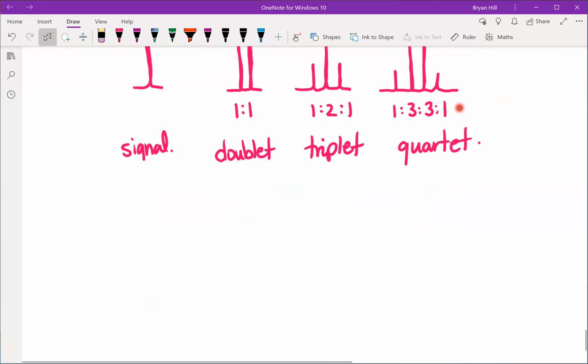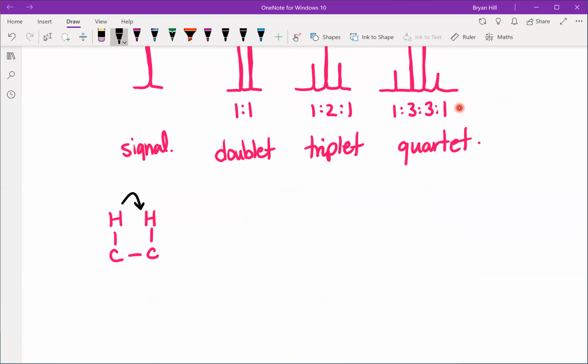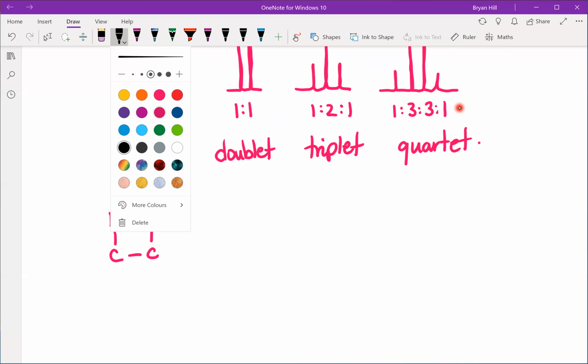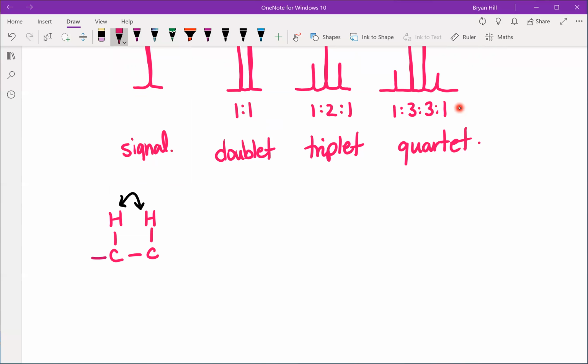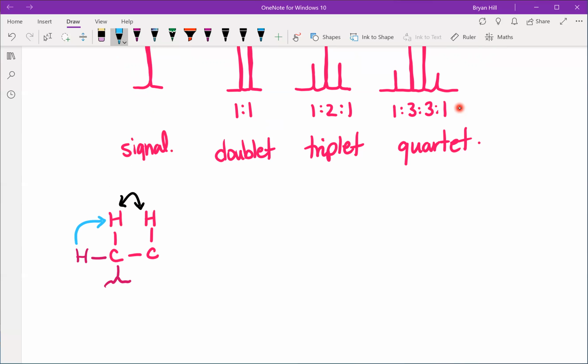So, right, let's pretend that we've got a proton and it's on a carbon. And the neat thing is that the protons can sense other protons on carbons that are nearby. Or even, in the case of what we were just talking about, sometimes if you've got diastereotopic protons, they will sense the protons on the carbon which they're bonded to themselves.